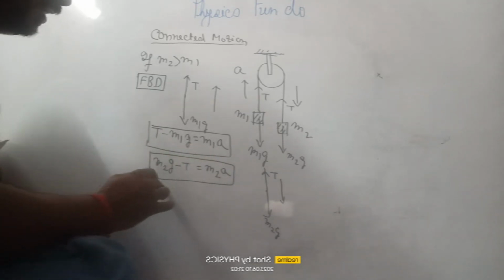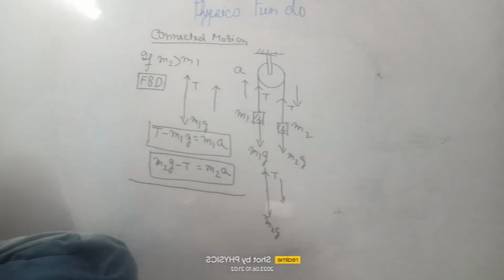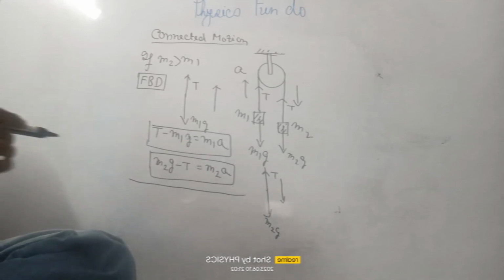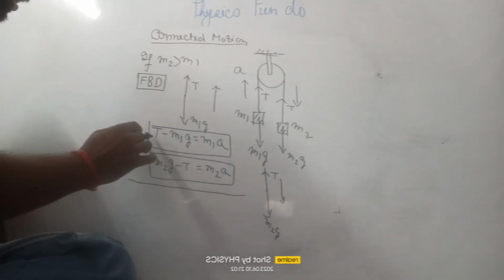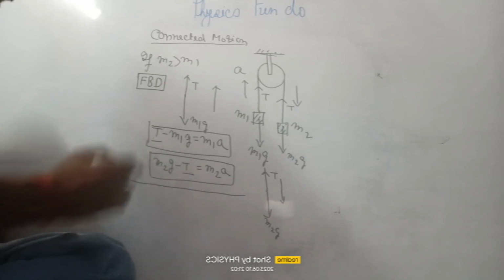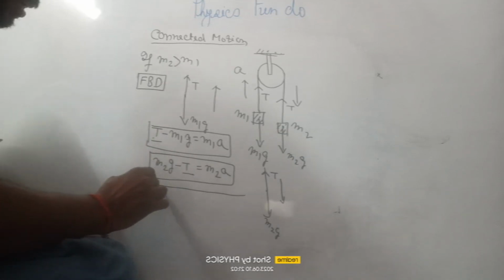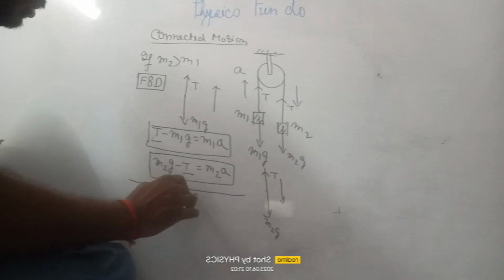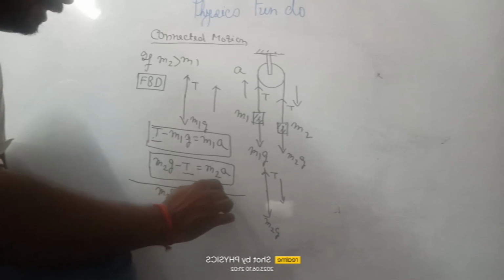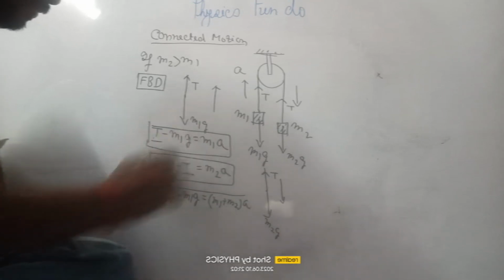Now we have to find the tension and the uniform acceleration of the blocks. Here, if we solve it, T will be cancelled out. So we have m2g minus m1g equals (m1 plus m2) into a.